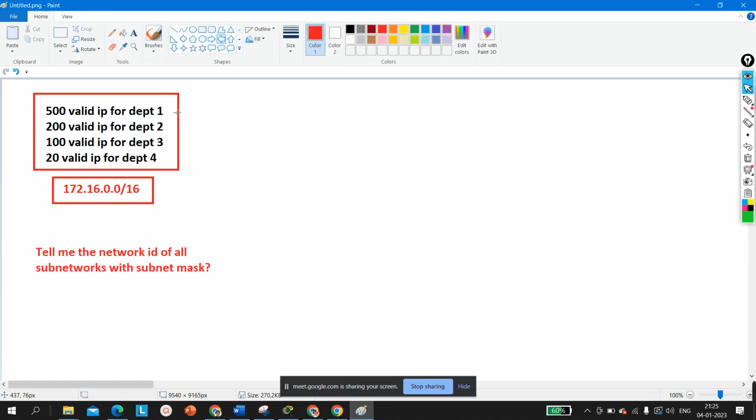That means what will be the network ID for department 1 and what subnet mask you will use for department 1. Is the question clear to everyone? For every department you will calculate network ID and subnet mask. So just do it, guys. I am waiting for your answer. Network ID of department 1, department 2, department 3, and department 4. This one is your main network.